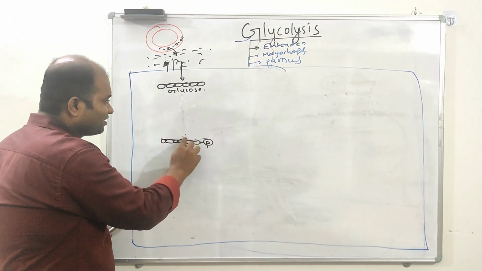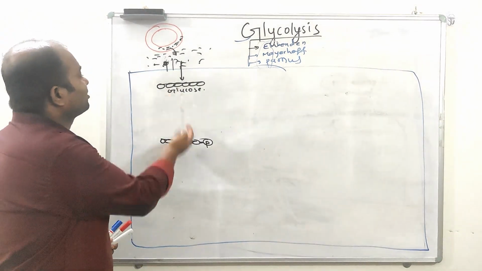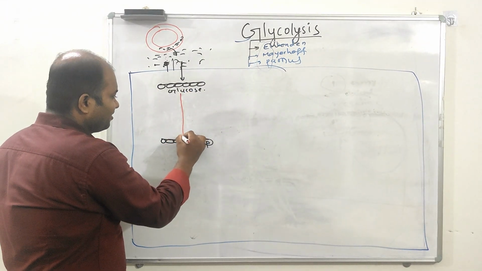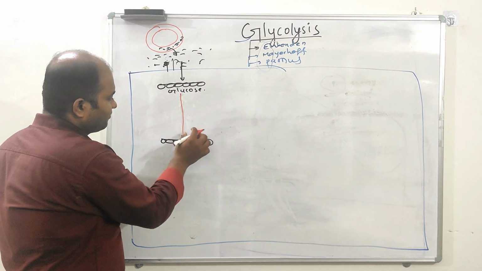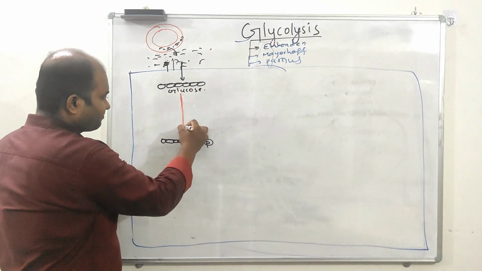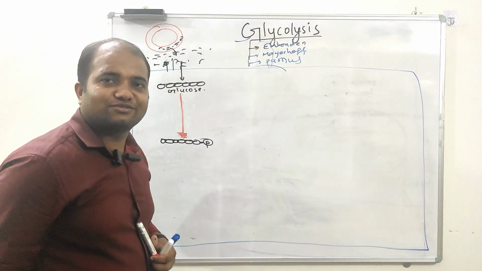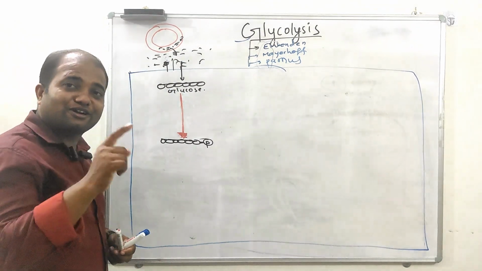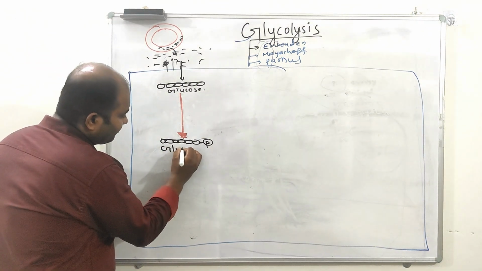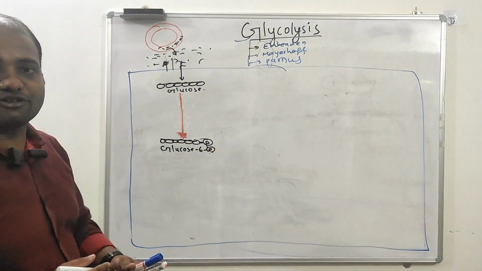In this step the glucose will commit, which means it cannot revert back. This is an irreversible step. So now glucose will commit to be inside the cell. And what is this product name? Glucose 6-phosphate. At the 6th position, phosphate is attached.